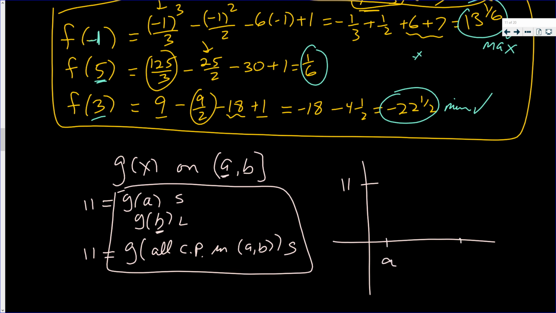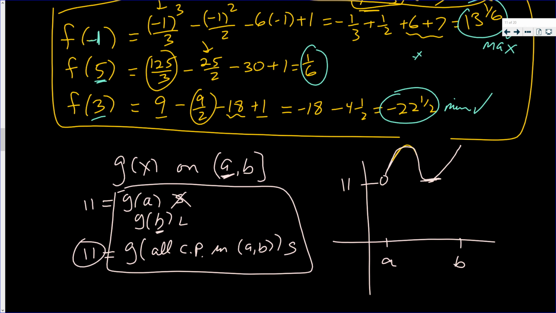And here's A, and here's B. So maybe the graph goes, well, maybe the graph goes like this. It comes back down to 11, and then it goes back up. So there was another place where it was 11. So just because you're rejecting it because you can't include A doesn't mean it can't come up again.